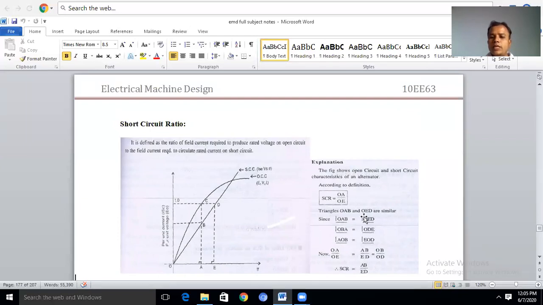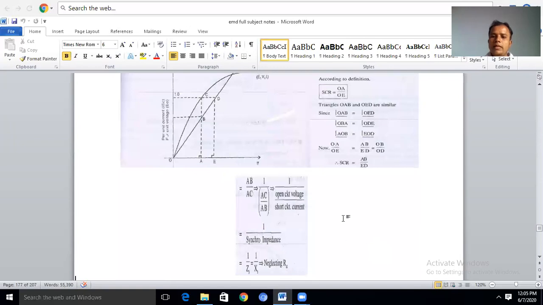Triangles OAB and OED are similar. Since angle OAB is equal to angle OED, angle OBA is equal to ODE, and hence angle AOB is equal to angle EOD. So OA divided by OE gives SCR as AB divided by ED.